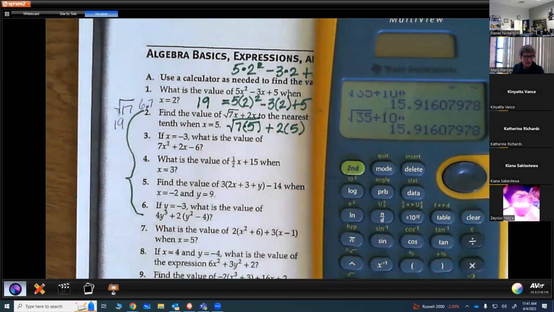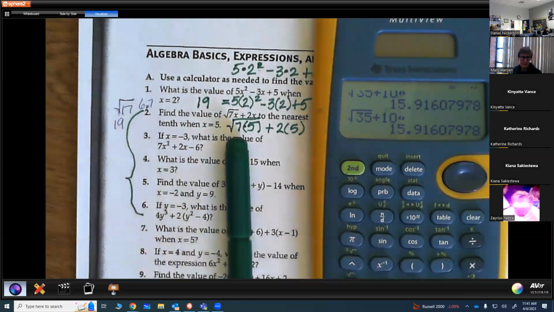And also check it by knowing your squares. So 6 squared is 36. You know it's going to be something very close to 6 as your square root. Okay. Got that first part. To get the full thing, enter. We change that into decimal.